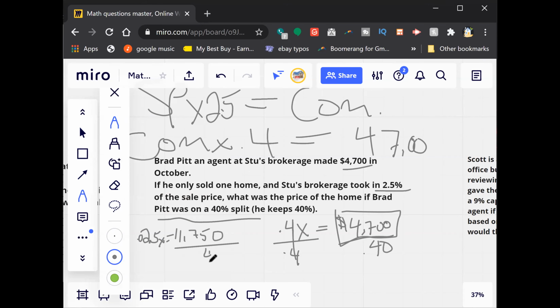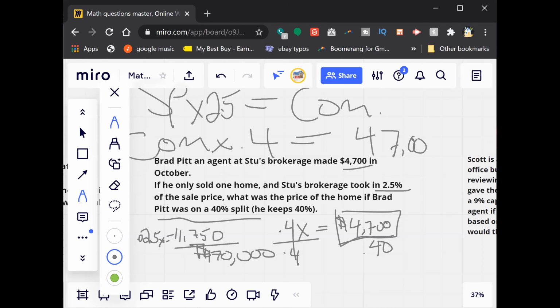So do you guys see how we got there? This was a difficult commission question, but what you need to do is this. Don't start multiplying and dividing and going, wee. That doesn't help you get to the answer you need. You have to understand how you get to a certain thing. And yeah, it's very hard working backwards, right? It's easier if I said a home was sold for 400,000, tell me what a 2.5% commission would be.